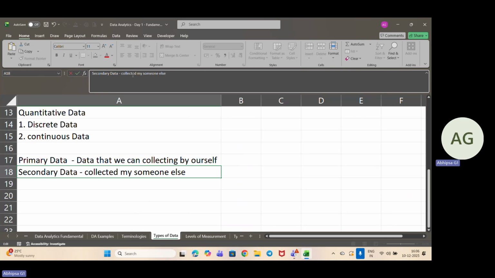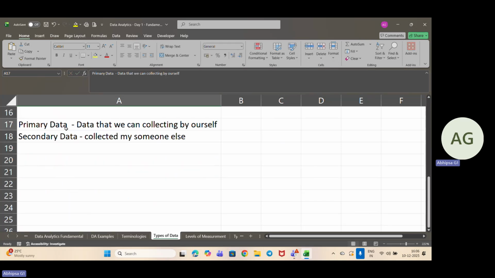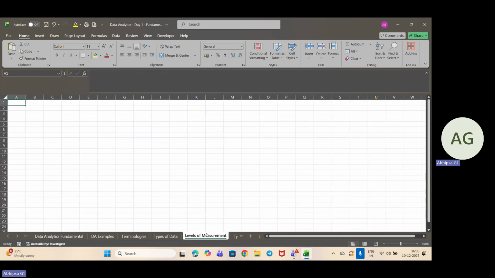All of these are data that someone else has collected, but for our model or project, we can use them. That is the secondary data. So this is all about the types of data. Majorly, we will be focusing on qualitative and quantitative data and primary and secondary data. Next, we have the level of measurement that we need to understand. What is this level of measurement?